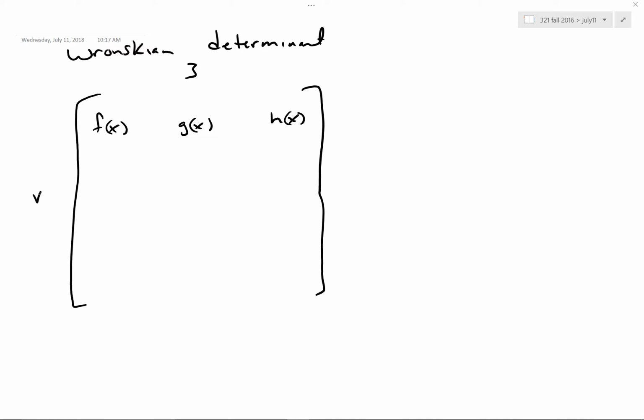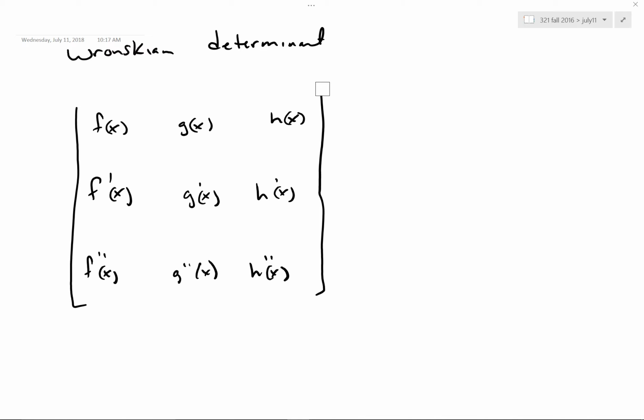And then we need to have 3 rows as well. So it's going to be f prime, g prime, h prime, and then f double prime, g double prime, h double prime. And then we're going to take the determinant of this thing. In this case, it's a 3 by 3.